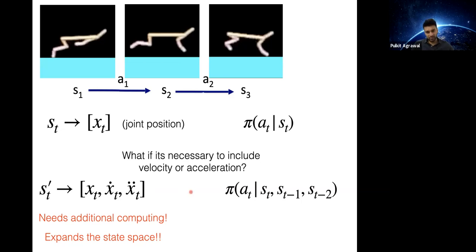Or the alternate possibility is that we don't expand the state space, but we include the position at the previous three time steps. So these are pretty much the two options that we have if my state space definition might not be complete if I only included the joint position, for example.